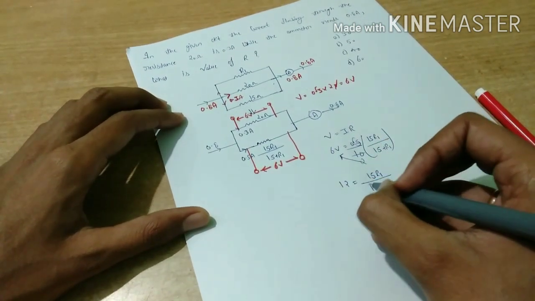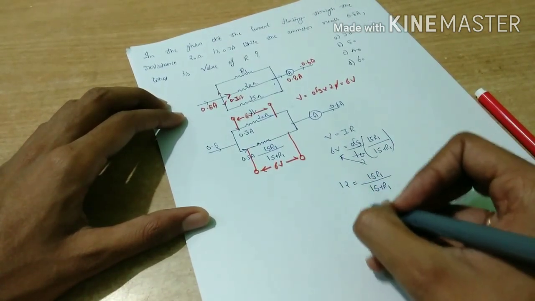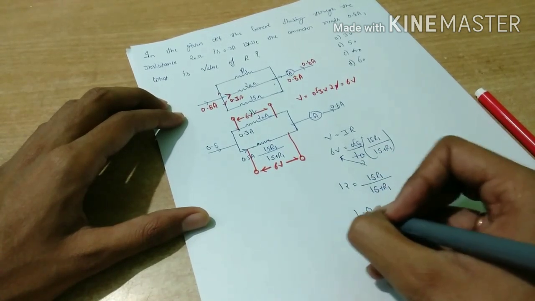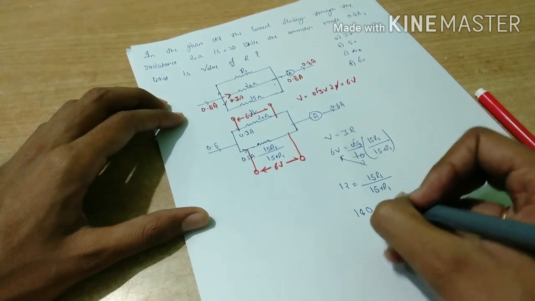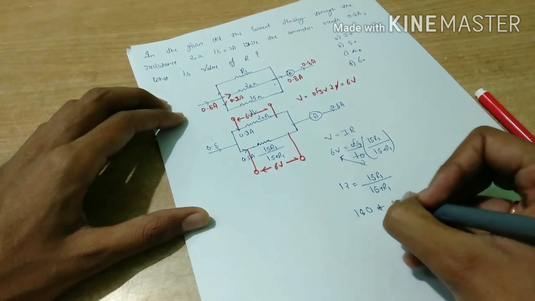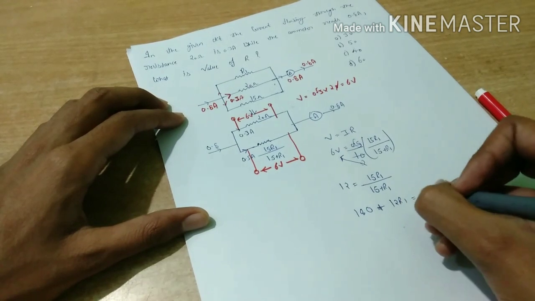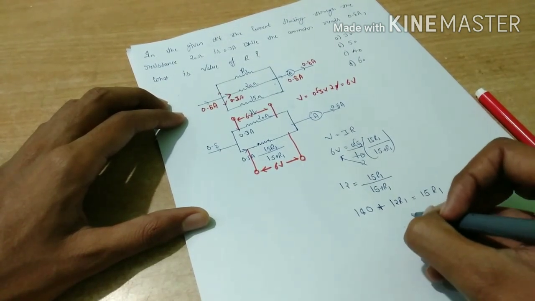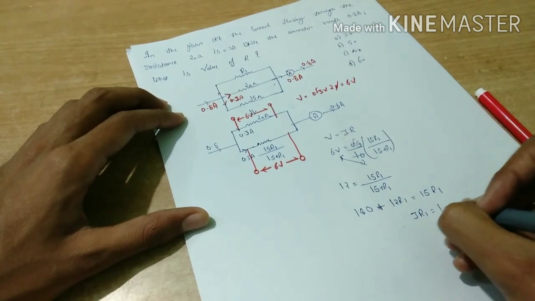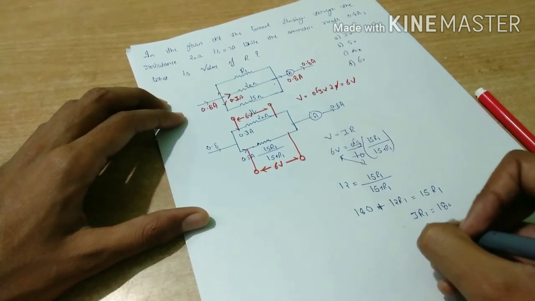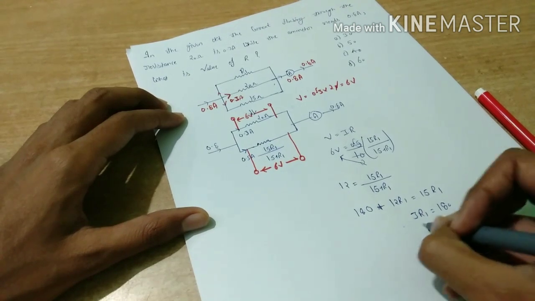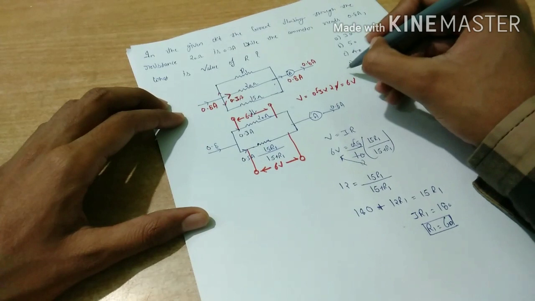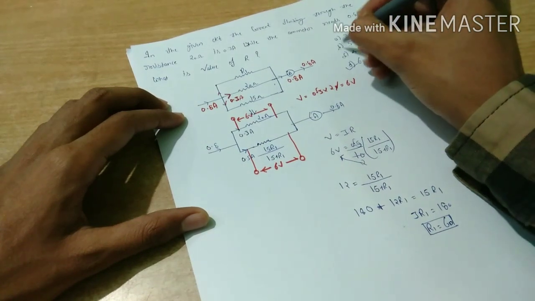Cross multiplication: 180 plus 12R1 equal to 15R1. Rearrange it. 3R1 equal to 180, R1 equal to 60. So R1 is 60, D option is correct. C is wrong, B is wrong, A is wrong.